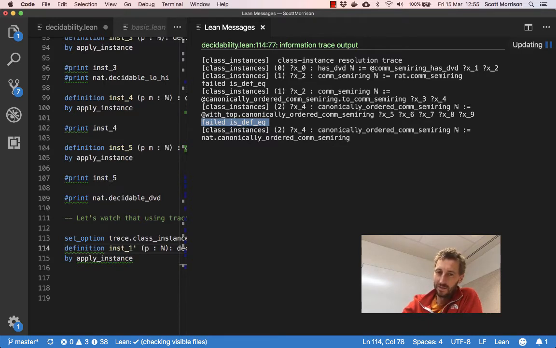So we're still at level 2, and it tries nat.canonically_ordered_comm_semiring. The fact that the trace stops here is an indication that it succeeded. Now you have to unwind back through the chain of successful choices: we constructed an instance of has_div on the natural numbers by producing this instance, converting it to an instance of just commutative semiring, and then converting that to an instance of just has_div.